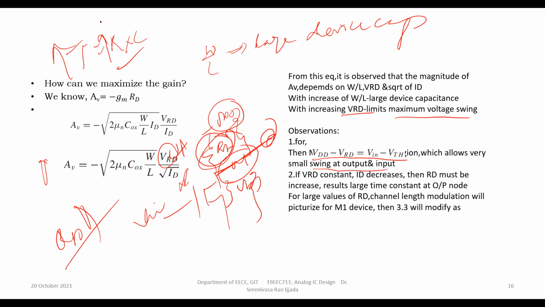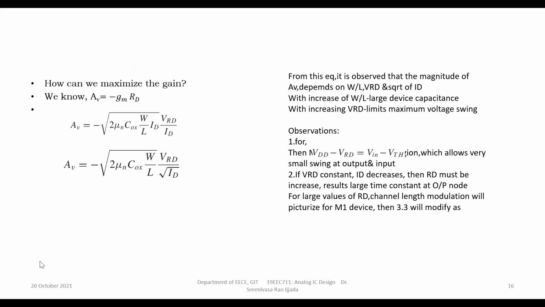For large values of RD, channel length modulation will come into the picture. Whatever derivations we have done so far are all without channel length modulation.